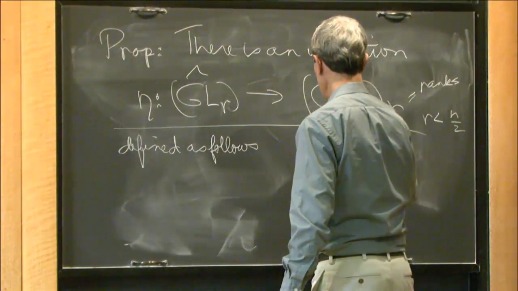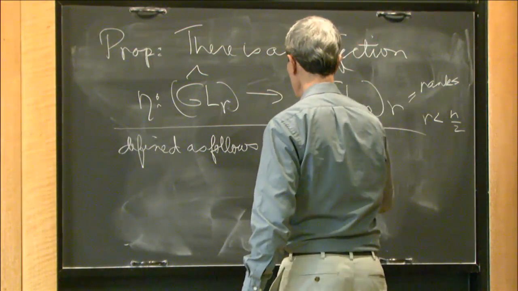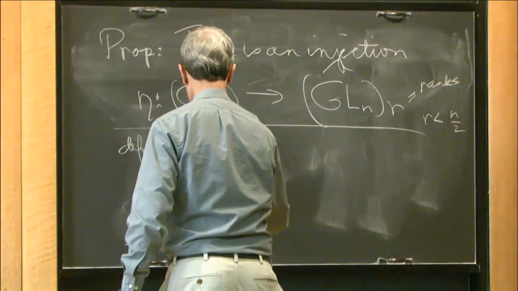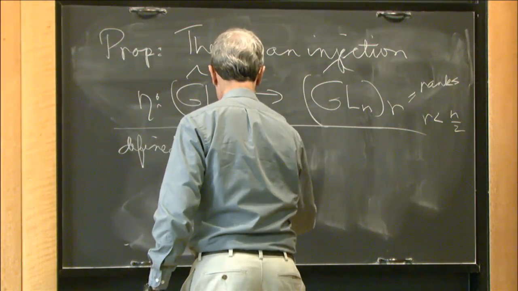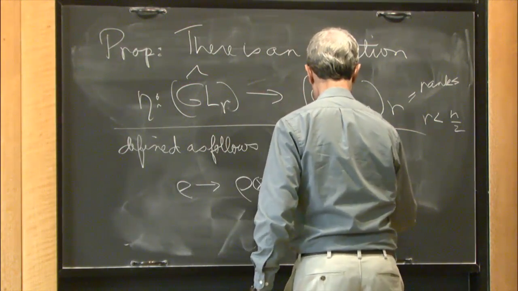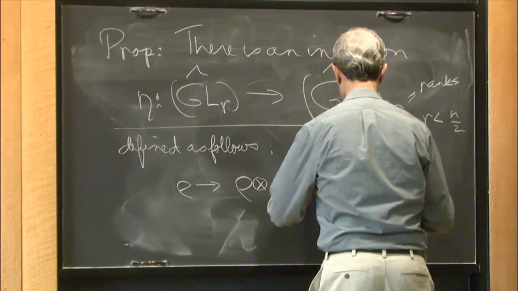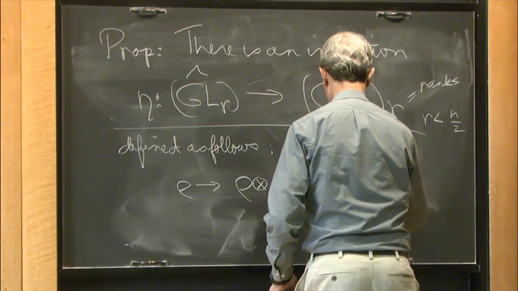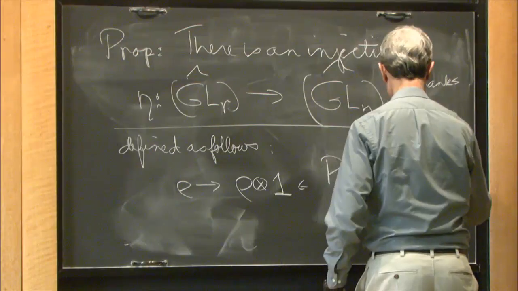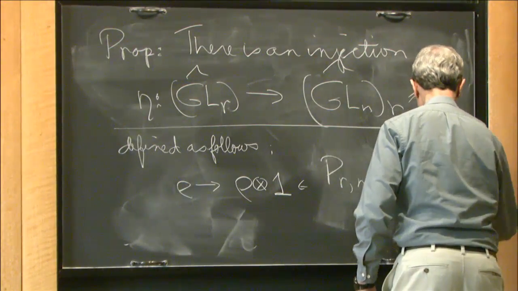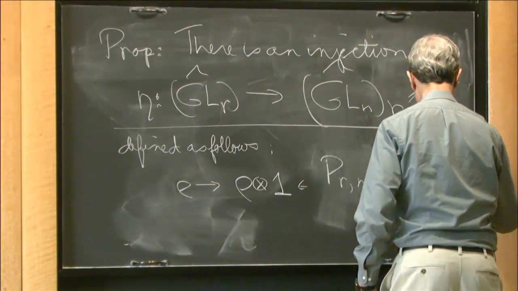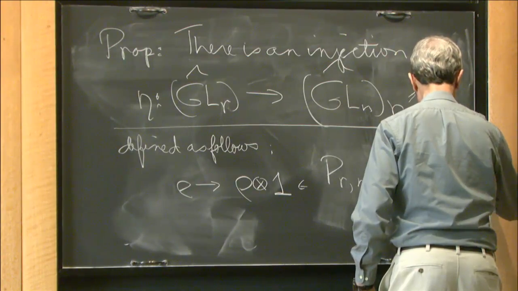So what you do is you form this: you have rho, and then this goes to rho tensor 1 in GL_R times GL_{n-R}, which is in the parabolic P_{R,n-R}, the group with GL_R here, GL_{n-R} here, and the M_{R,n-R} matrices there.